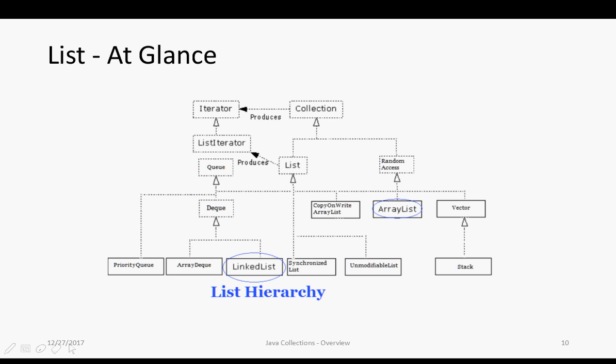Similarly, CopyOnWriteArrayList and Vector are backed by an array, while a deque is a dynamic node-based data structure. It has two implementations, a linked list and an array-based deque, while a priority queue we will talk about in the next slide.